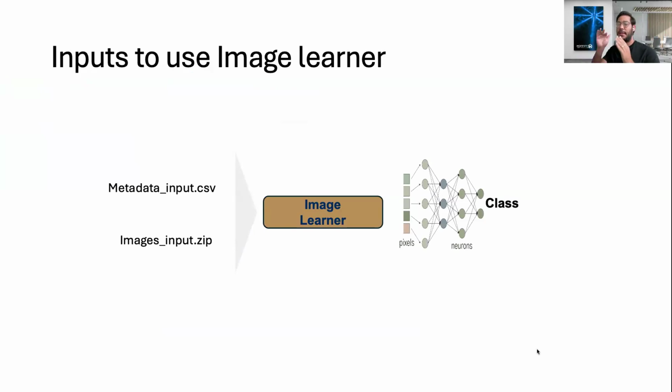The first one is it gives the image path, so it links to one image that I generate, so it has the image name there. This is one column. The second column that I need is the label, because that's what we're going to use to train the model. This is the ground truth that we're going to use. So you need to have those two things in your metadata input CSV file: the image name, the file name, and a label. That's all you need.